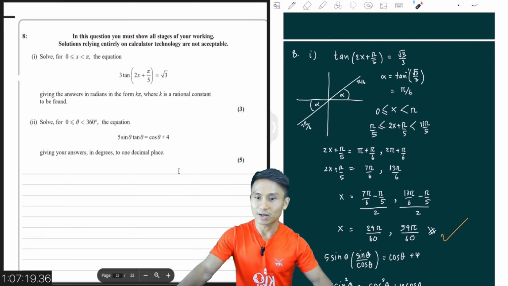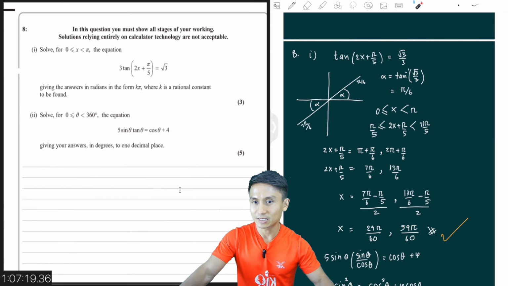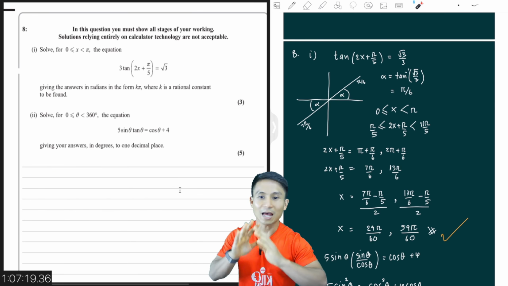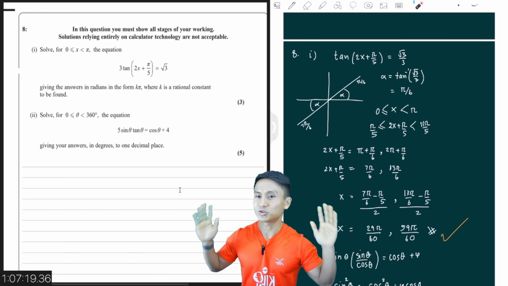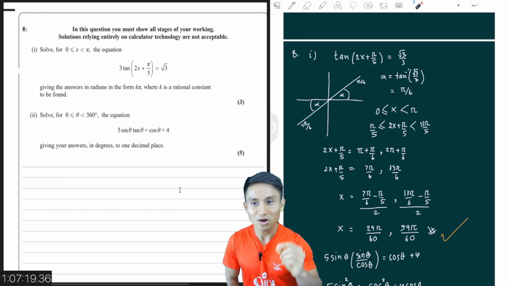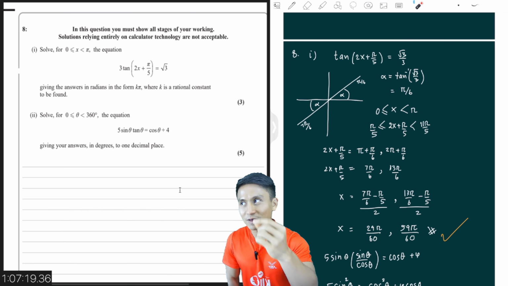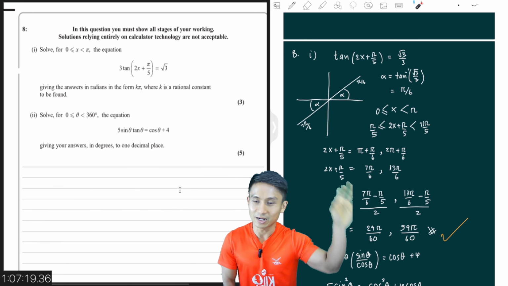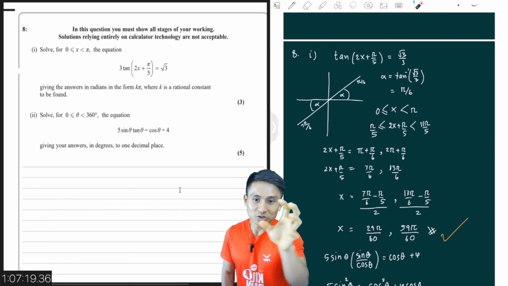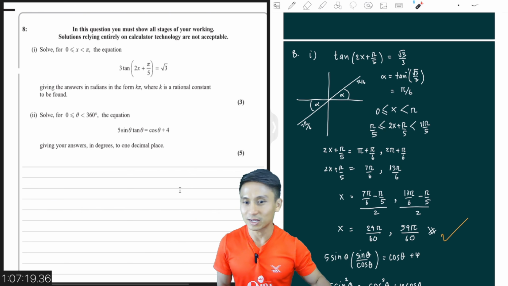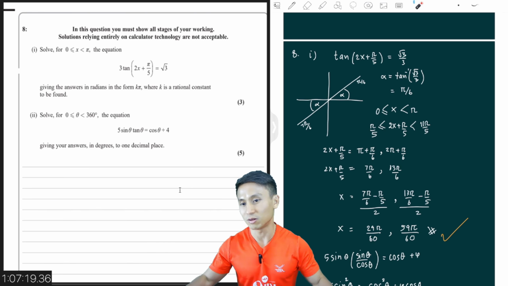If you are proficient in that technique, I can assure you can do all the trig equations, as long as you arrive at the form that I told you: the trig, the angle expression, and the number. As soon as you arrive at that, the rest is just cast diagram. Always the same protocol, basically.